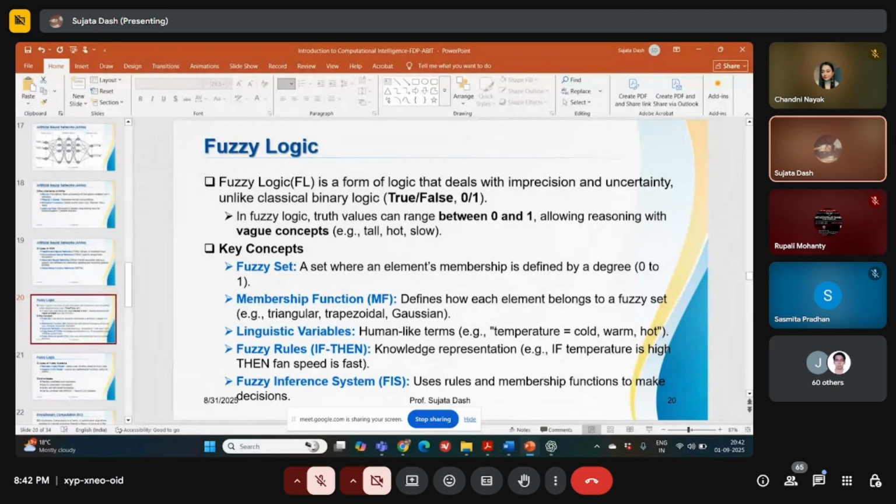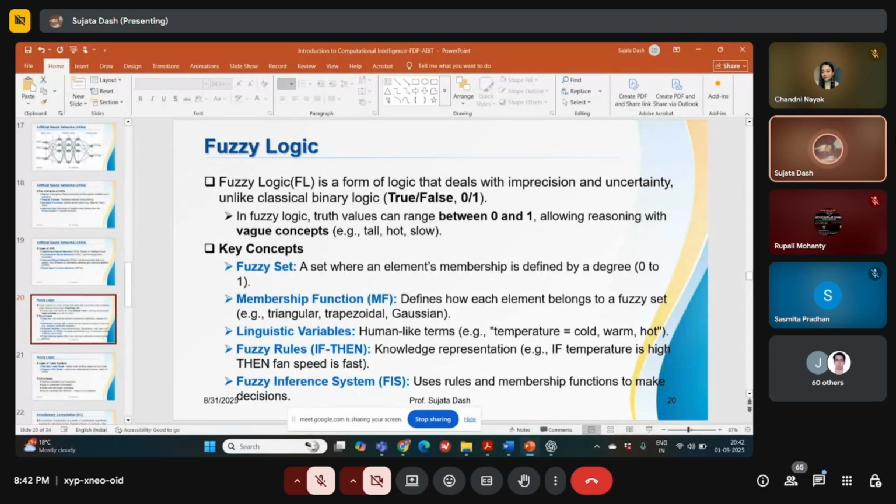Then again, fuzzy logic allows us to use linguistic variables, human-like terms to describe values like low, medium, high speed, etc. Fuzzy rules are also defined using if-then, which are used for reasoning. For example, if temperature is high and humidity is medium, then fan speed is fast.